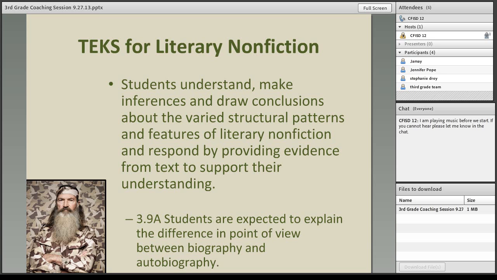Also, 3.9a says students are expected to explain the difference in point of view between biography and autobiography. So I wanted to remind you that you need to be teaching what point of view is and how it's told and how you figure it out. The author chose specific words and put them in a poem to get the message across.